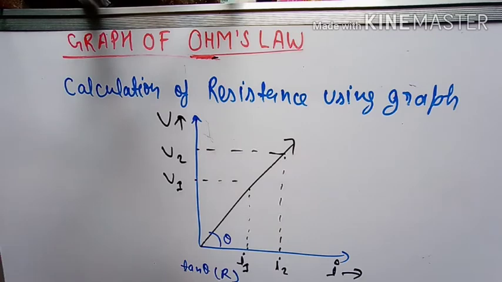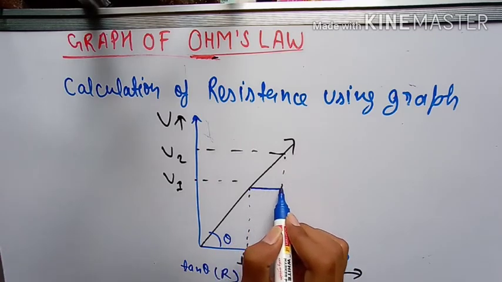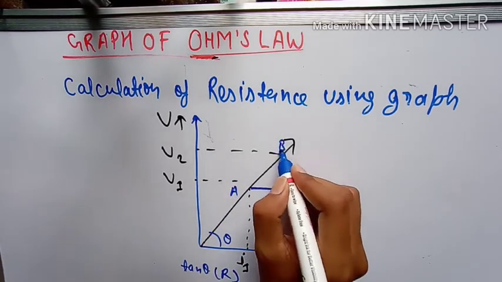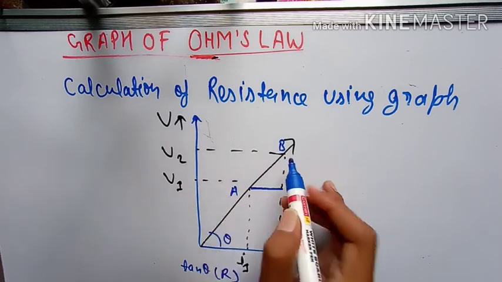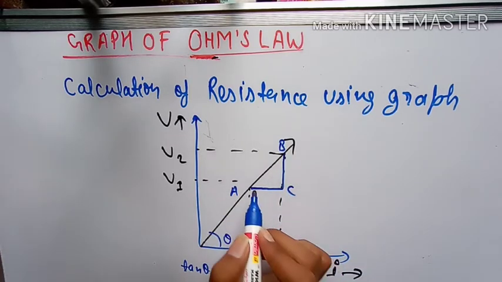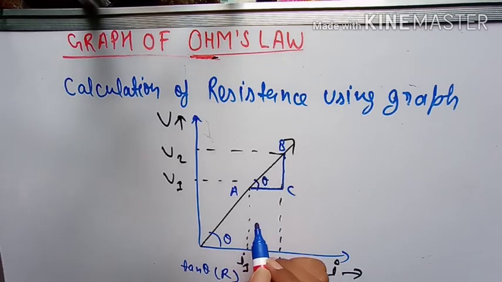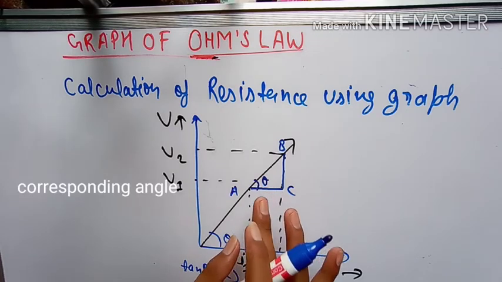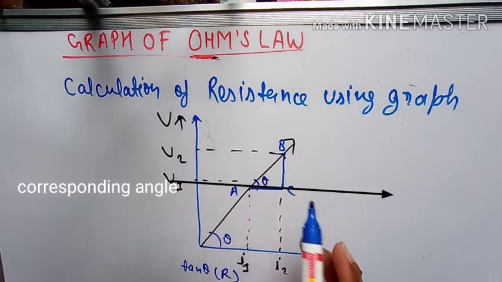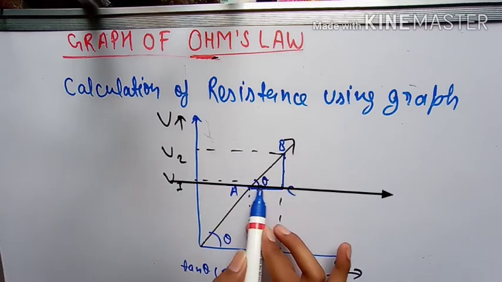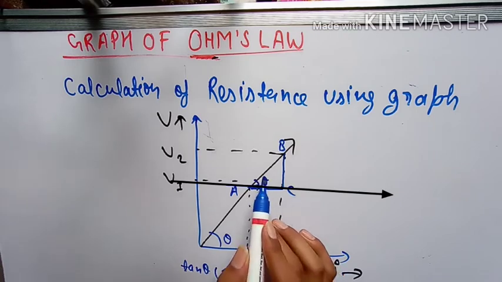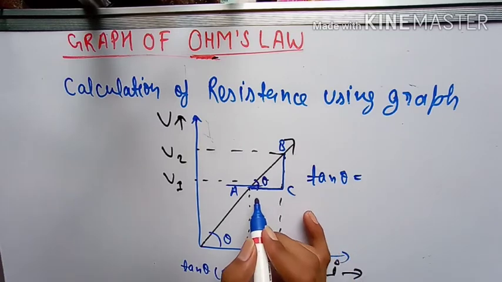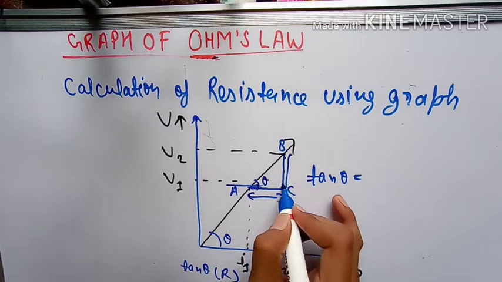For that purpose you have to draw a line and put the points A, B and C. So join AC, also join BC. Now this theta will be equal to this theta. Of course you have studied lines and angles well. What are these angles called? These are called corresponding angles, and they are equal because these two lines are parallel, so this also becomes theta. Now you have to calculate tan theta. For this purpose, first of all you have to find this distance and this distance.